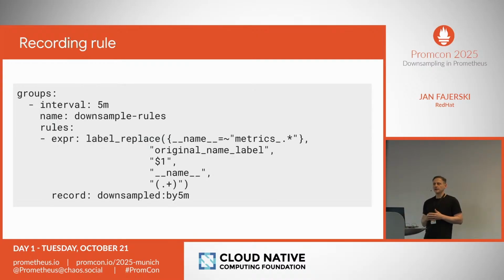Basically, if you do this matching against the name, the resulting metric loses its name. So there are label conflicts. So my recommendation would be to do this here. You rename all the metrics that you want to downsample, keeping the original name around in a label. And then when you do the remote write, you can reinstate the old name, and you have the expected label names in your long-term storage Prometheus.